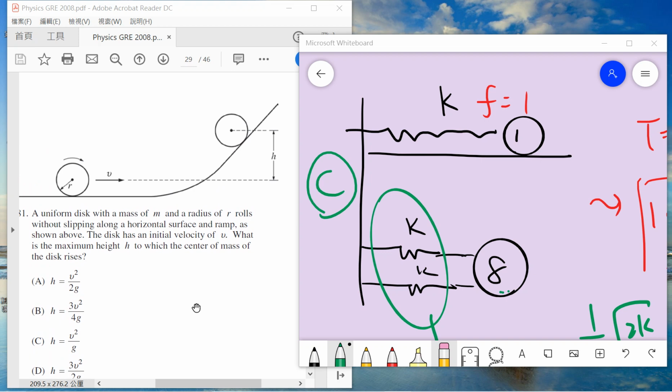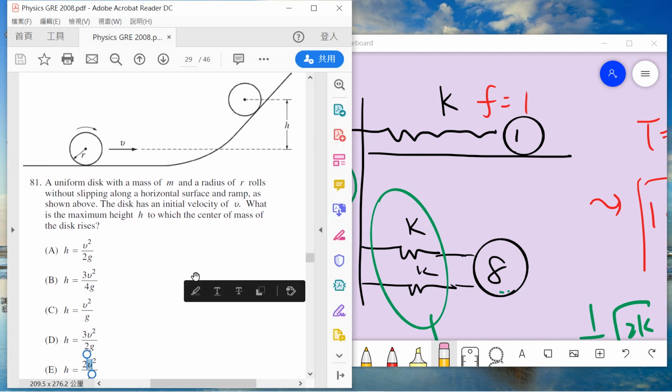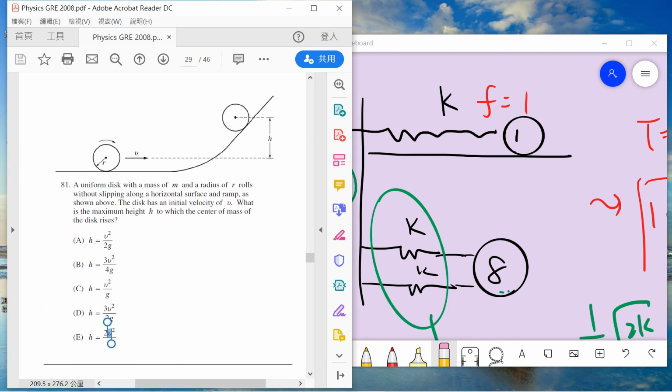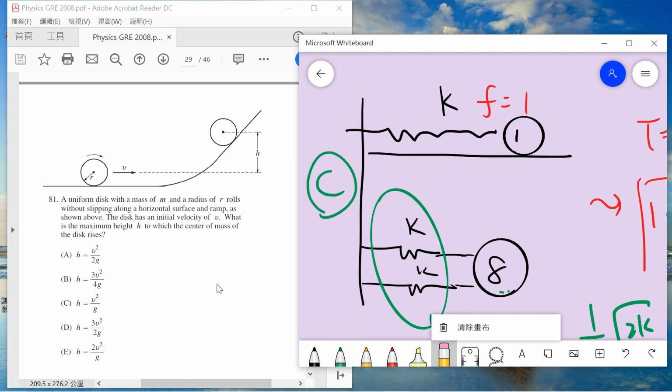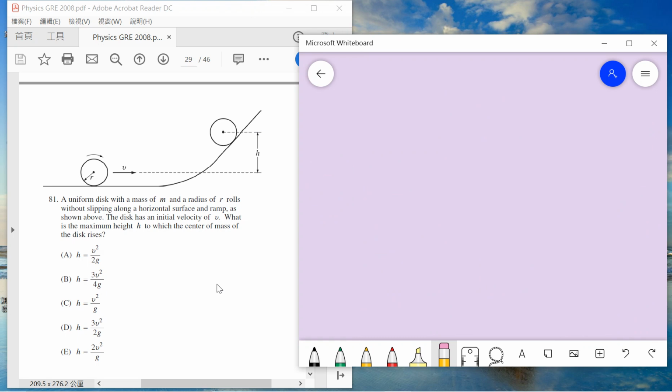Okay, and 81: a uniform disk with mass m and radius r rolls without slipping along a horizontal surface and up a ramp. It shows the disk has velocity v, and asks what the maximum height is. Basically, if somebody asks you for a maximum height, all you need to think about is energy conservation. So mgh equals the total kinetic energy.